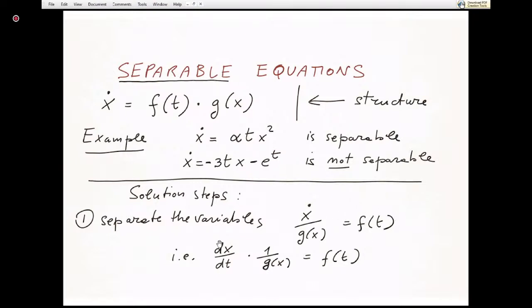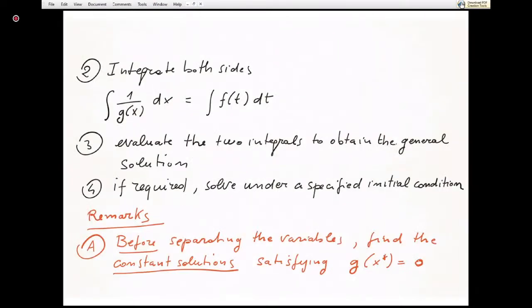x dot is the time derivative, okay? So I write this, time derivative of x divided by g of x is equal to f of t, okay? So this is just the extensive notation. Now, what is the solution procedure? Computing integrals on both sides. So we have to integrate both sides.